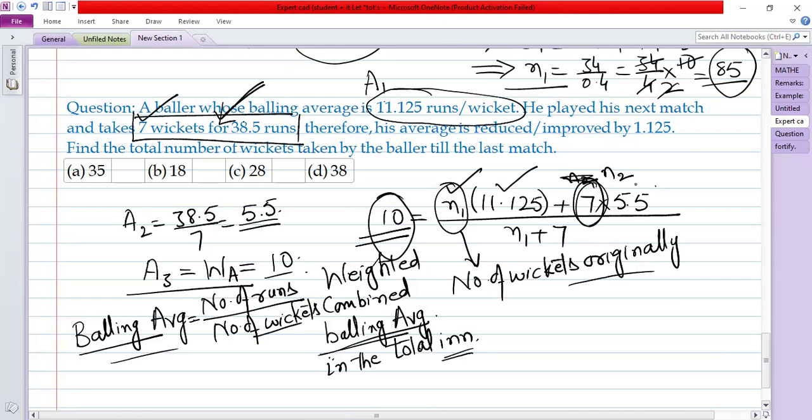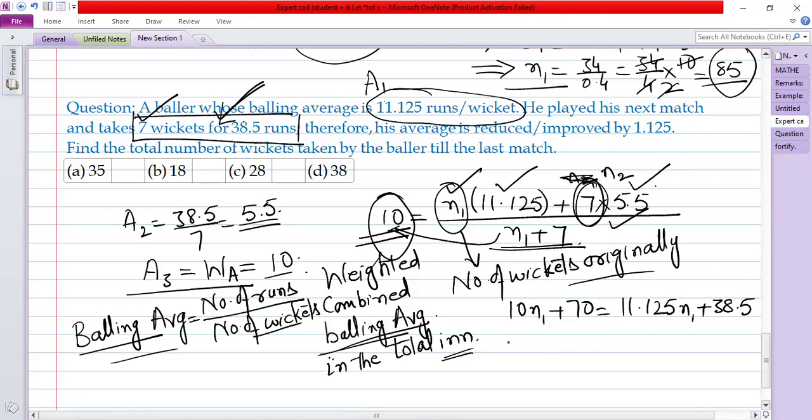So these are the corresponding averages, and now N1 plus 7. So this is now 10 N1 plus 70. You can see, taking this to this side, this is now 11.125 N1, and this is once again 38.5.